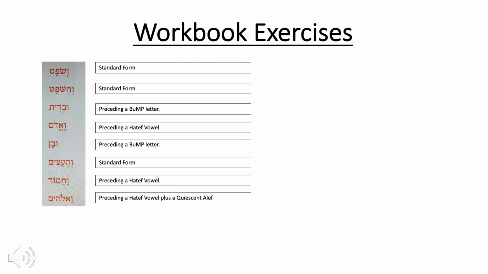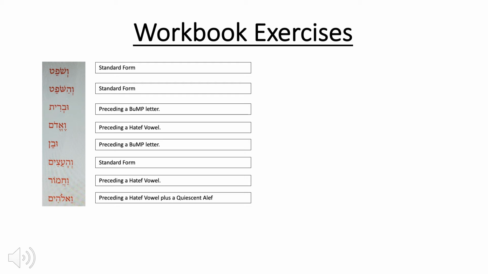However, this is followed by aleph, and aleph has a tendency to quiesce. We call this quiescent aleph, which is simply a fancy word that means it's quiet. It no longer takes any vowel. And since the aleph doesn't take any vowel, it's as though it's not there.